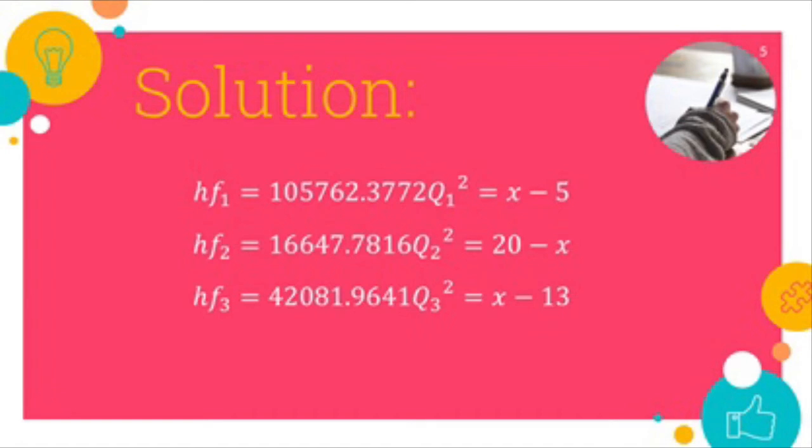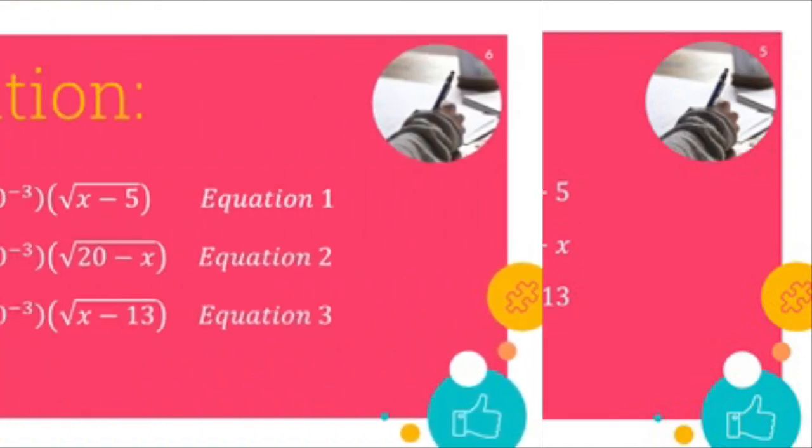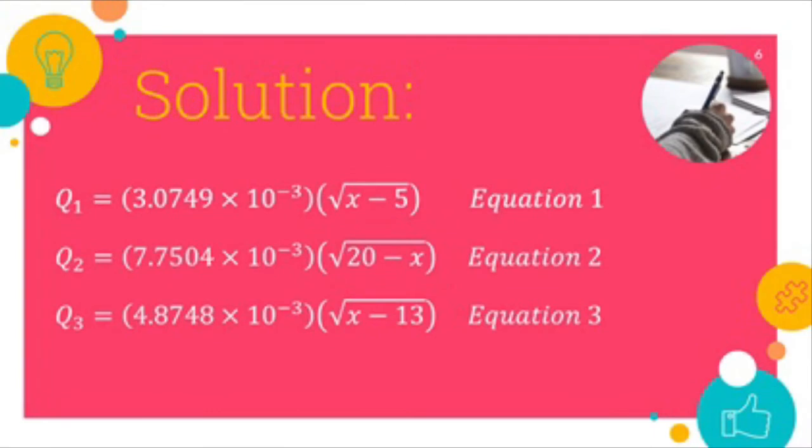For head loss 2, it is equal to 20 minus X, and for head loss 3, it is equal to X minus 13. Since we already got the difference of elevation in each head loss, now we can find the equation of the flow in each pipe.